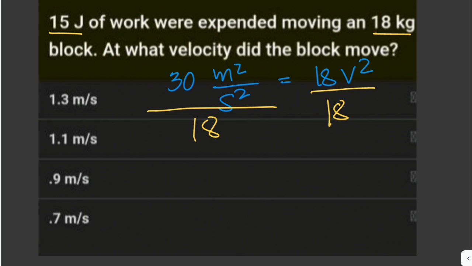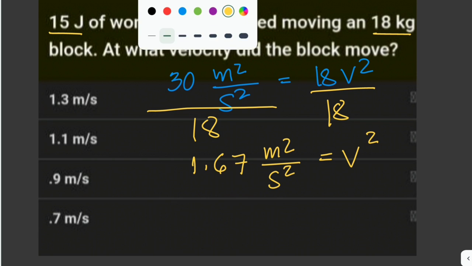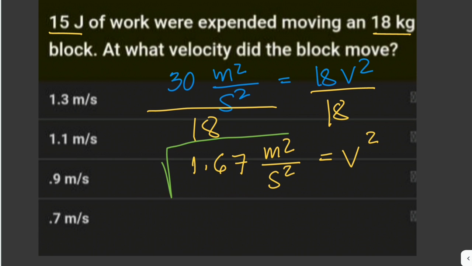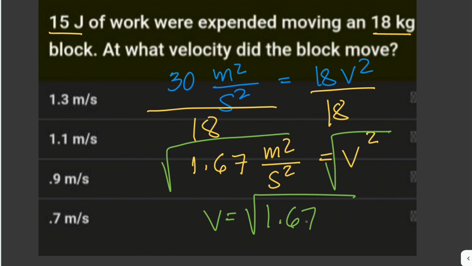And 30 divided by 18 is just equivalent to 1.67 meters squared per second squared equals v squared, and then we get the square root of both sides to solve for v. Then v is just equal to the square root of 1.67.